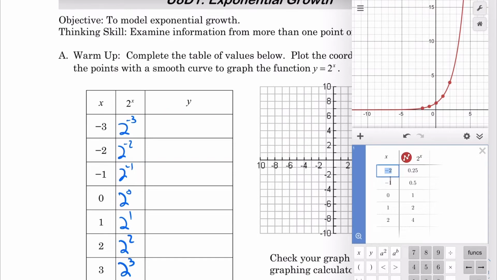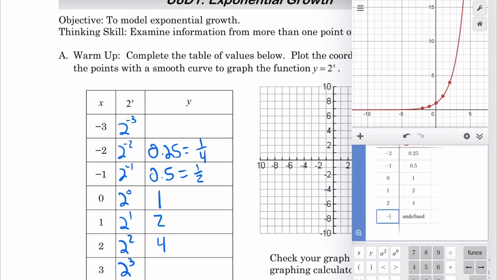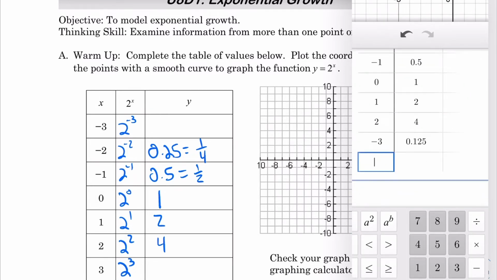The ones that are pre-filled are from negative 2 to positive 2, so let me just copy those down first. And I'm going to put the decimal form and the fraction form. And now let's get those last ones that we didn't get already, like negative 3 and positive 3.